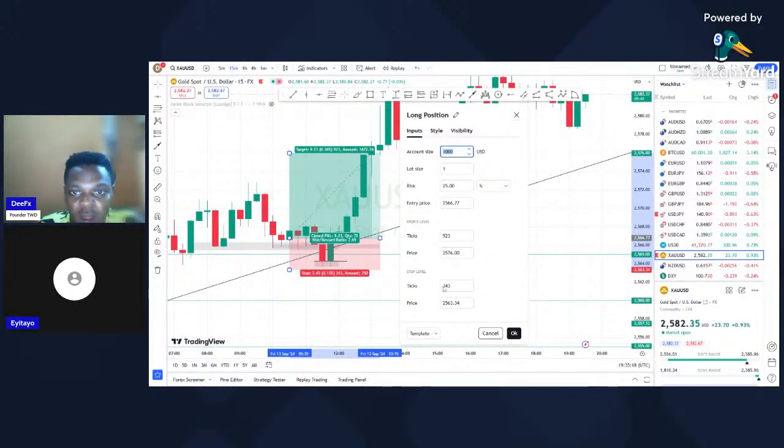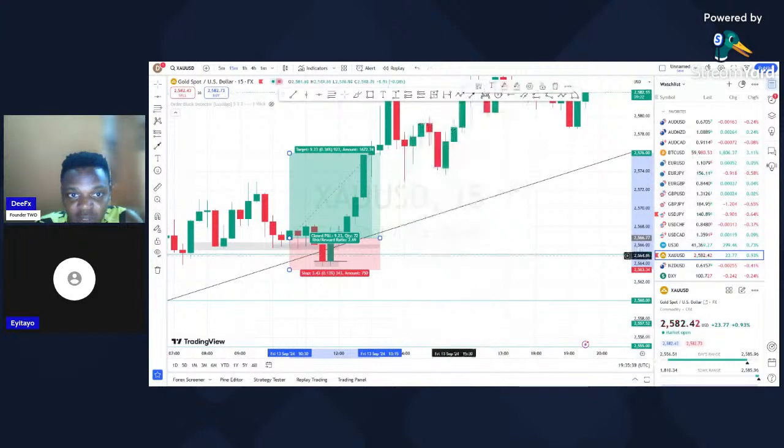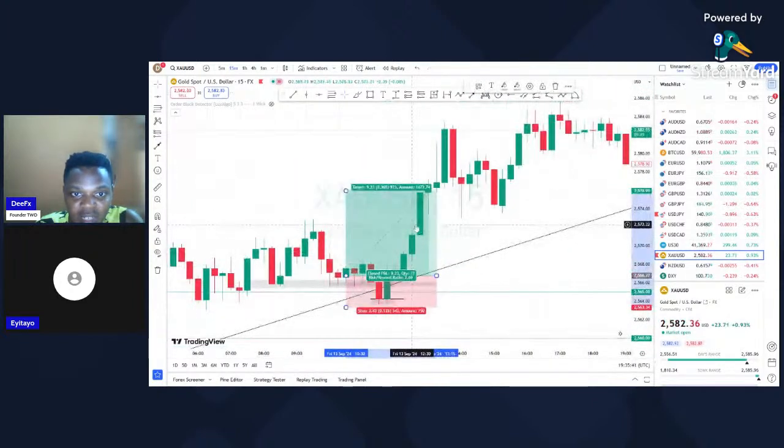Now our take profit was 2570.34. So pay attention to the 66 and 63. The distance between this point and this point is 3 point something. Do you understand? So automatically that gives us our pips right there. Does it make sense?